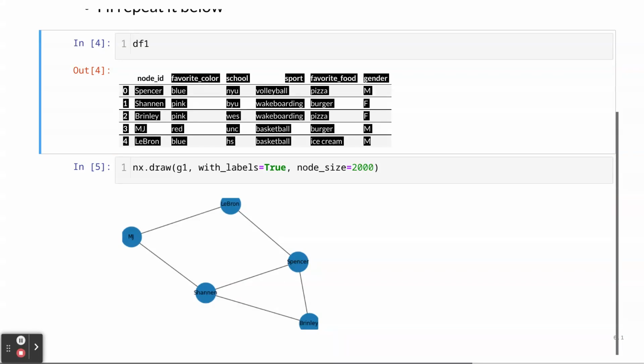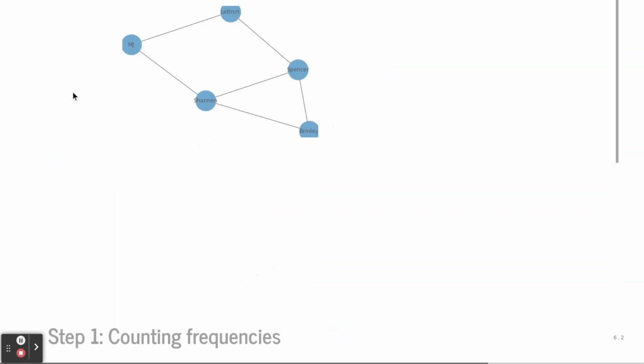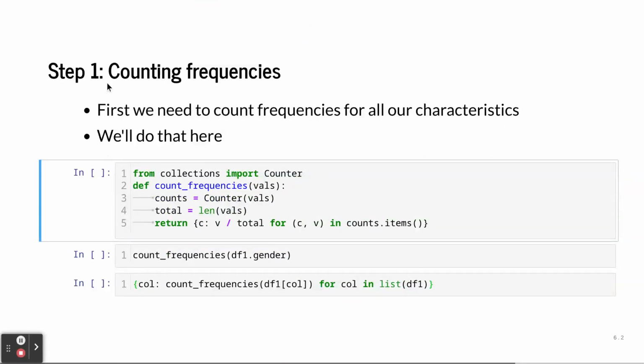So in order to test for the presence of homophily under any of these dimensions, what we need to do is first count the frequencies for each of our characteristics. To count the frequencies, we'll use a helpful class from the built-in collections module in Python.